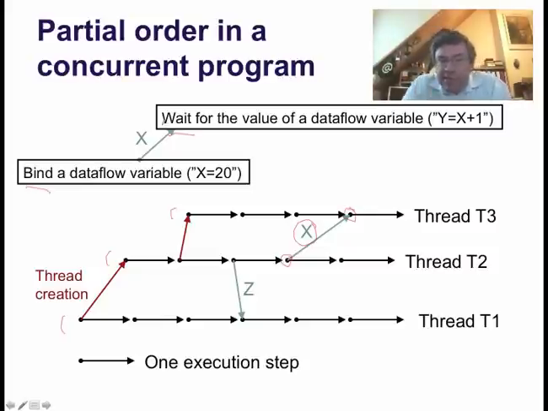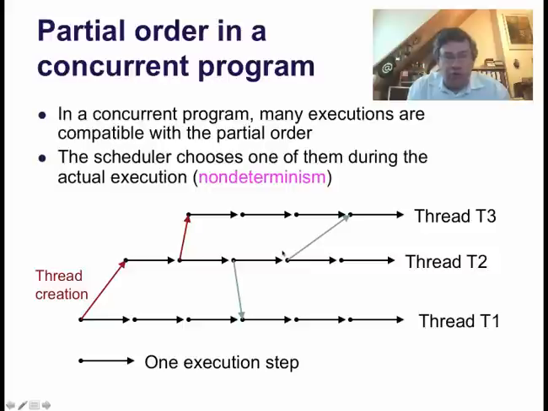That means some state here has to happen after the other state there. Given the total order within each thread and the constraints between the threads because of the synchronization, this gives an overall partial order, and this partial order is compatible with many real executions.